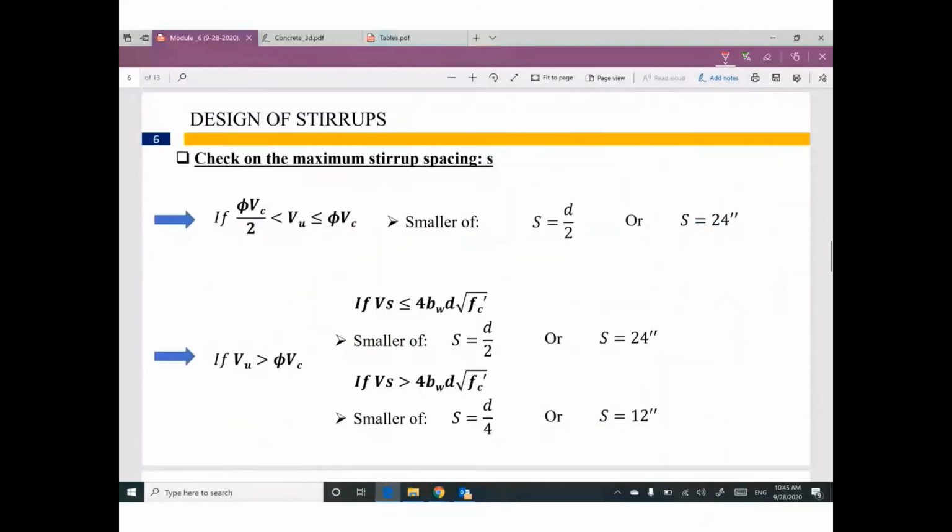This one is for a check, because we have maximum spacing. You have no choice to exceed this spacing, because someone will say, hey, my design gave me this stirrup and another stirrup, and this spacing equals 2 feet, or 3 feet, or 4 feet. No, we have maximum spacing.